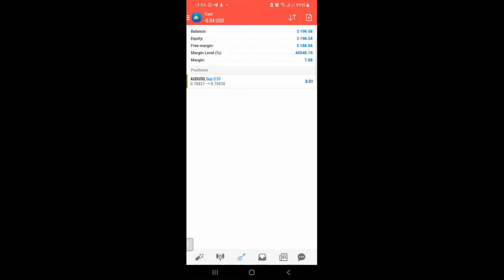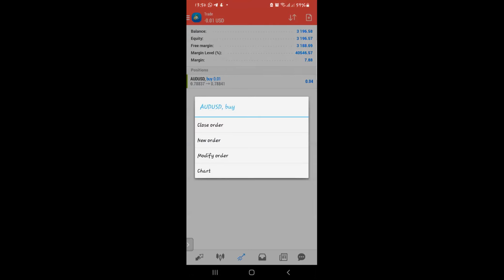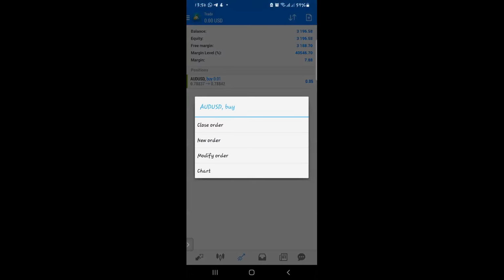And if, for example, you were using a strategy that says you should go for a 1-to-1 risk to reward ratio, you could also put in your stop loss at the same time. Stop loss is so important. So I long hold on AUD USD.